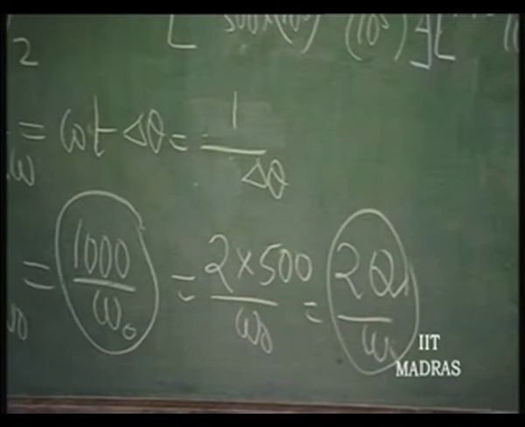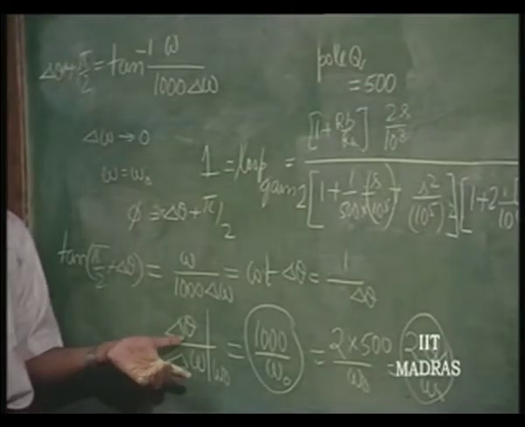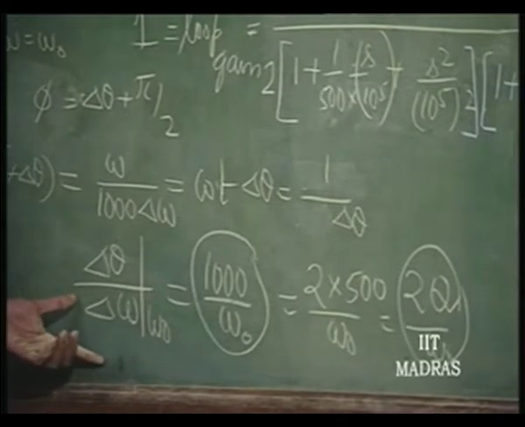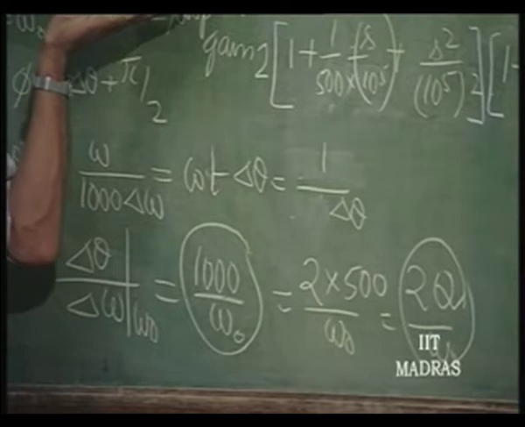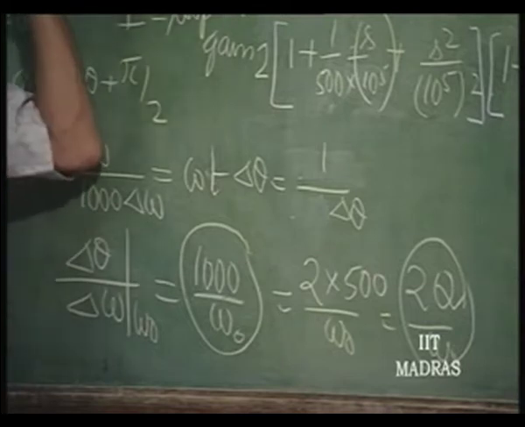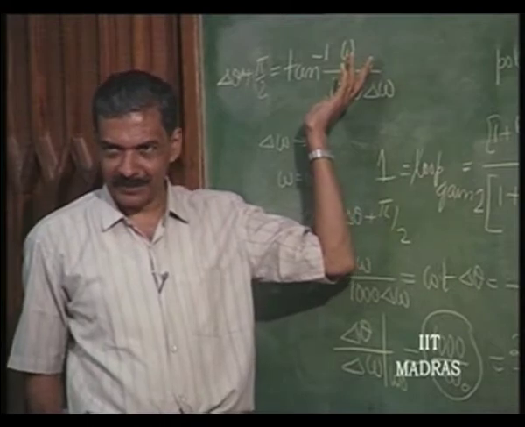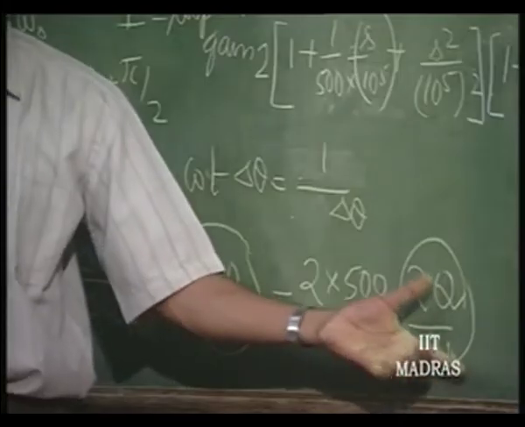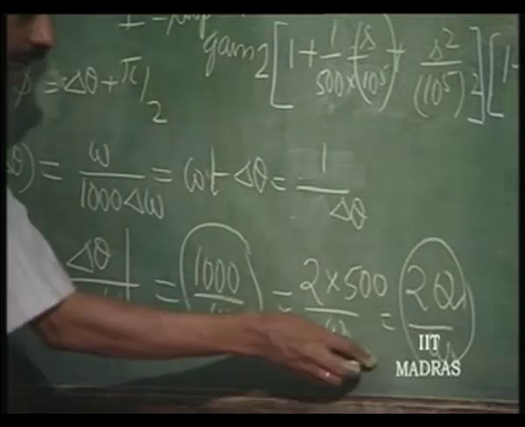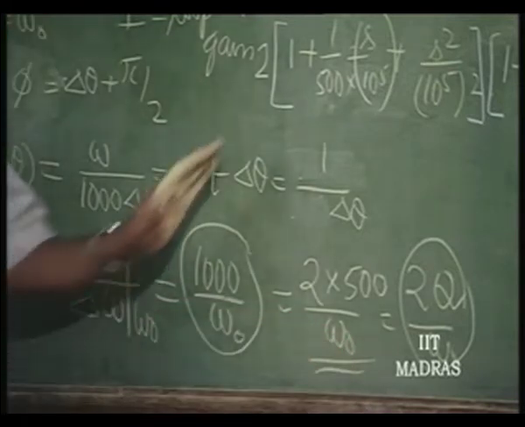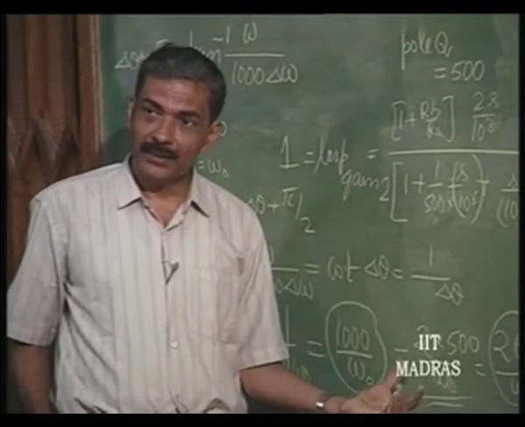For any such circuit with pole Q equal to Q, the change in phase with respect to frequency is equal to 2Q by omega naught. This can be done by regular mathematics, by finding out the delta phi by delta omega straight away. Instead, by approximation you can do it this way also, 2Q by omega naught. So, this is very steep variation of phase with frequency around omega naught.